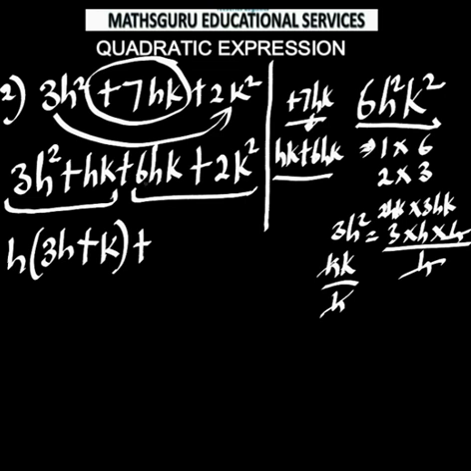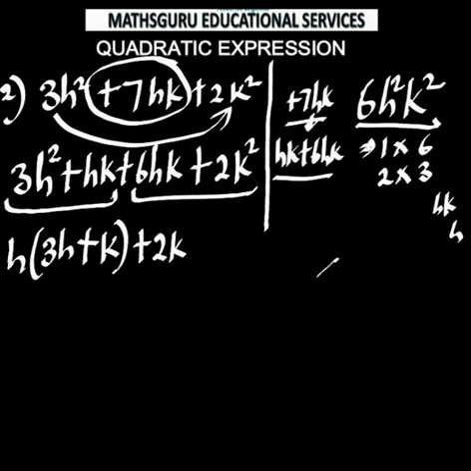The highest common factor of 6hk and 2k squared is 2k, because k is here and we have k here. 2 can go in 6 and 2 can also go in 2. So we are going to open our brackets.